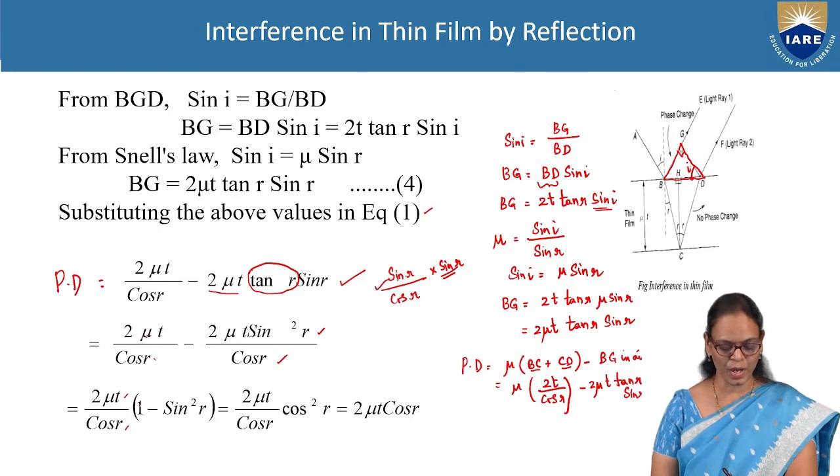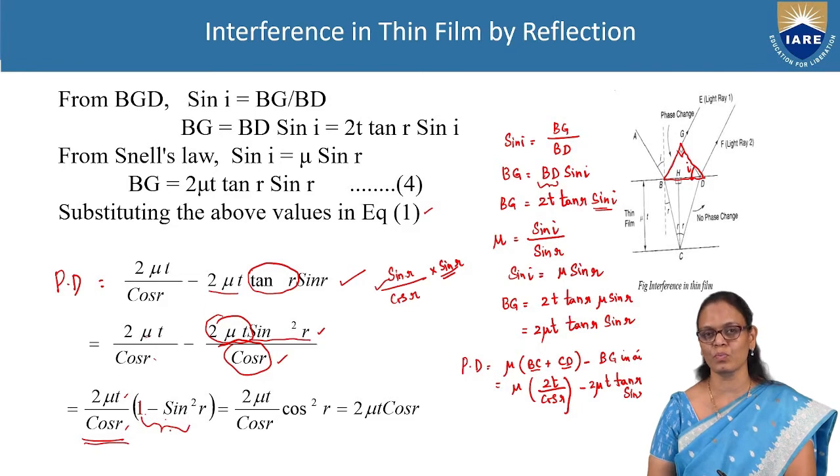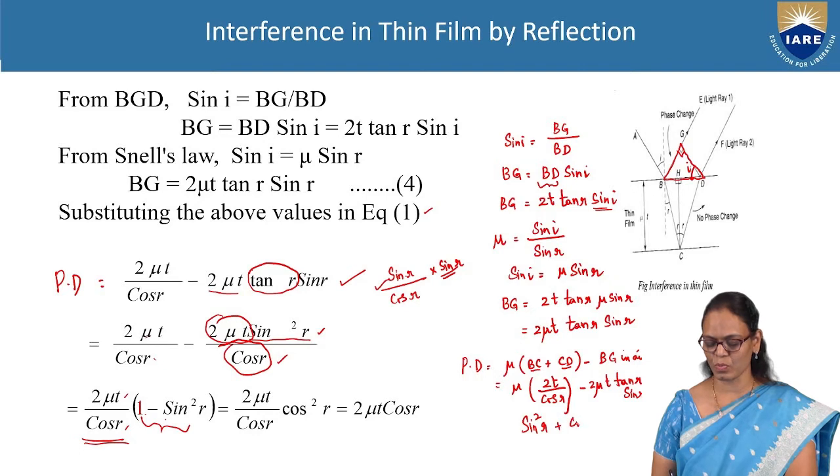So we are left with 1 in the first term, and in the second term we will have sin square r. So we are left with 1 minus sin square r. And we all know sin square plus cos square is equal to 1. So sin square r plus cos square r is equal to 1, so 1 minus sin square r will be equal to cos square r.